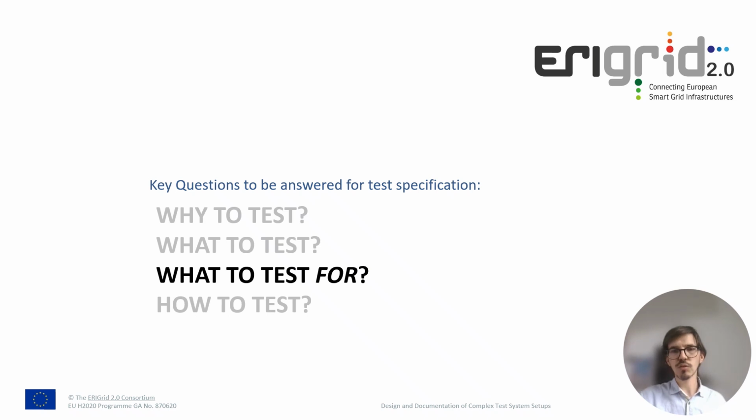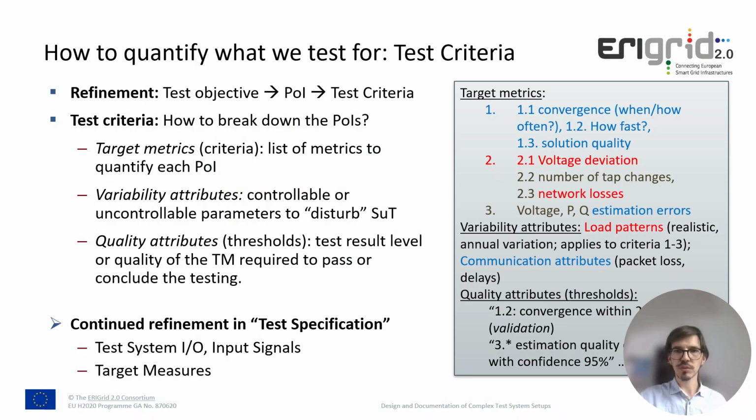Lastly, we're looking into what to test for. Here we have to define the test criteria as the last part of the test case. These are a refinement of the earlier mentioned test objective and purpose of investigation, and they should refer to specific POIs.